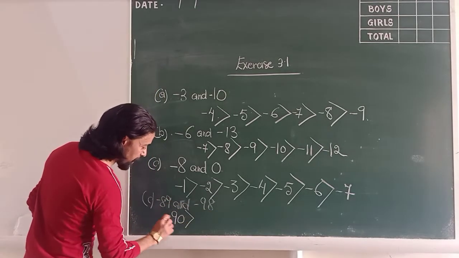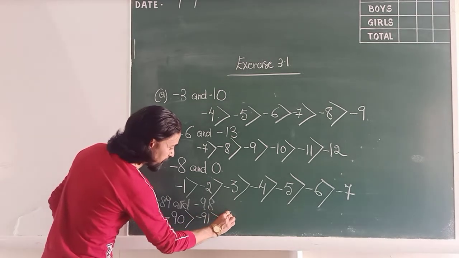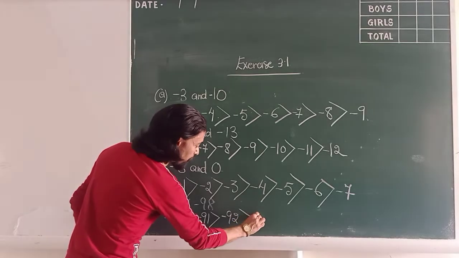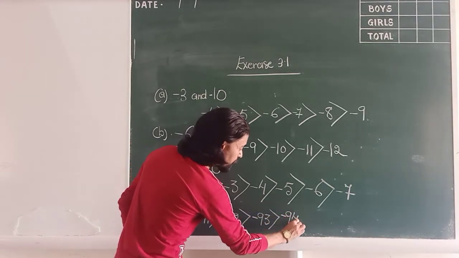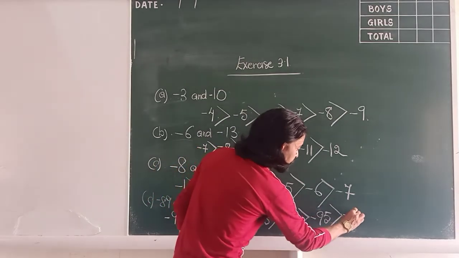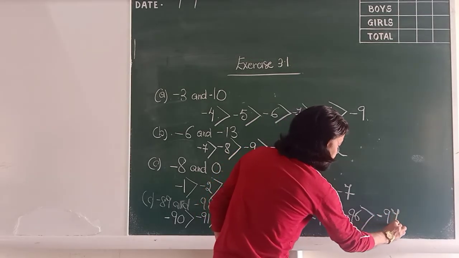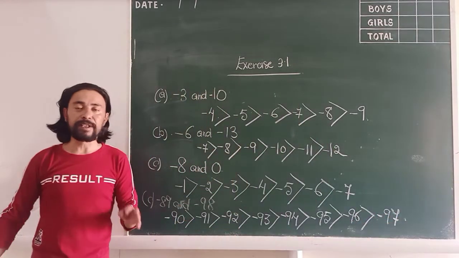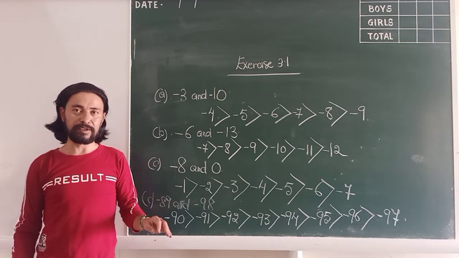Smaller than minus 90 is minus 91. Then comes minus 92. Then comes minus 93. Then comes minus 94, then comes minus 95, then comes minus 96, and then comes minus 97. Remember children, again I am reminding you, the sum says write in decreasing order.